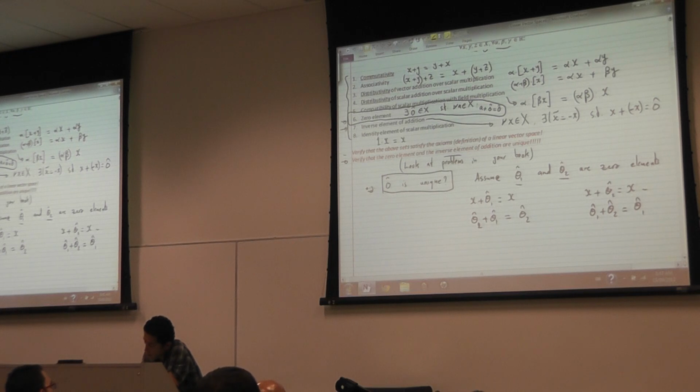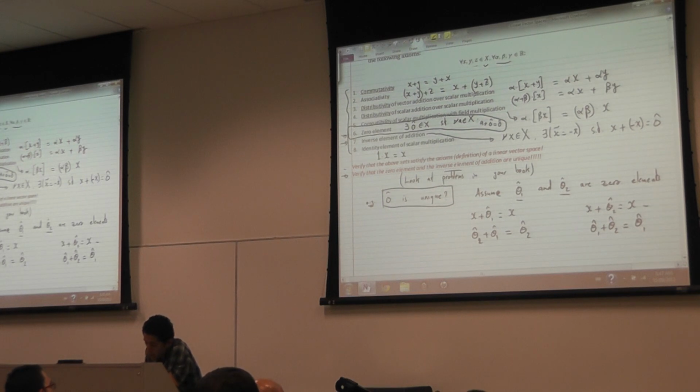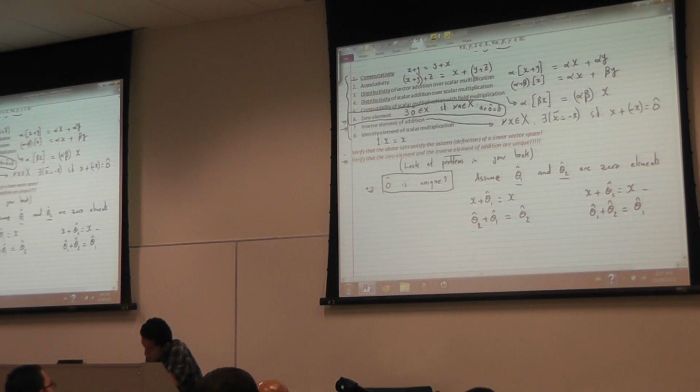And if you look at the properties, x plus y is equal to y plus x, which means theta 2 plus theta 1 is equal to theta 1 plus theta 2, which means that theta 2 has to be equal to theta 1. Therefore, the 0 element has to be unique. And using the same arguments, we prove that the inverse element of addition is also unique.